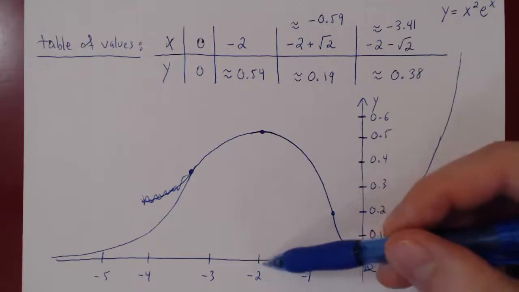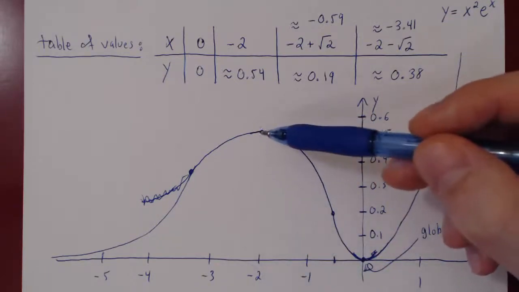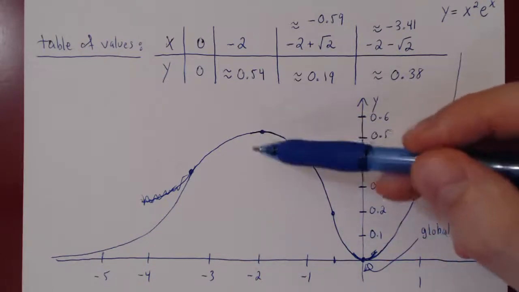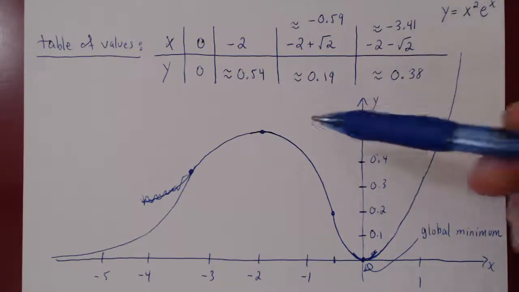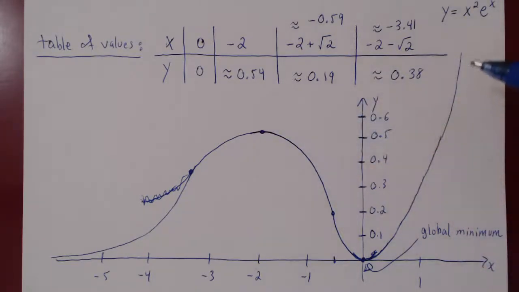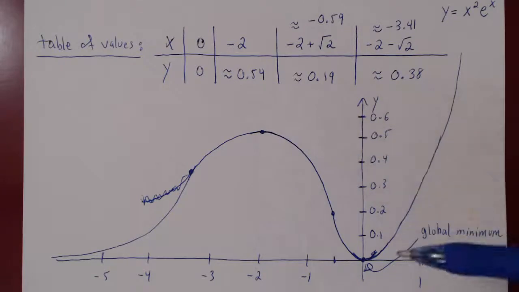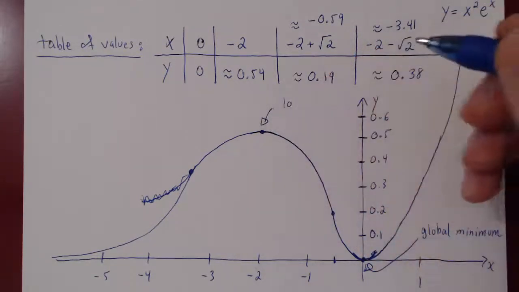If you only look at values of x around negative 2, y attains its maximum value at x equals negative 2. So this is a local maximum. Is it a global maximum? Clearly not, because as you take larger x values, you will attain y values much greater than this one. So this is only a local maximum, not a global maximum.